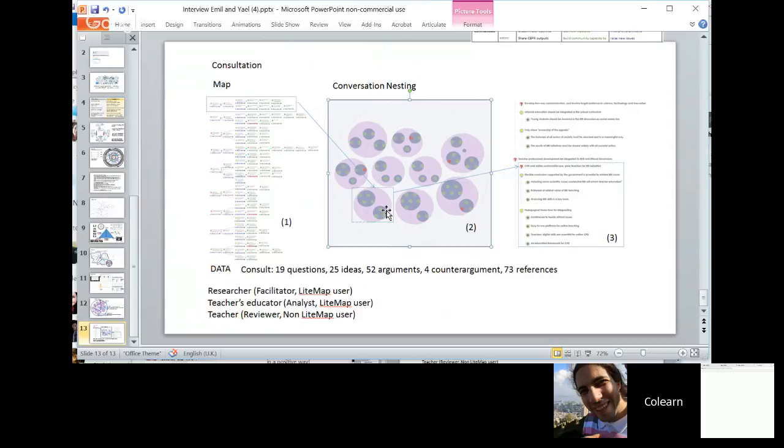For each idea, people brought what we called supportive arguments. For the first idea, you can see how many circles here? Four. Yes, the 4 are here, pedagogical know-how, and the first one is the 3. So this is a static image, but in LightMap, when you put the mouse on top, you can see which are the questions.